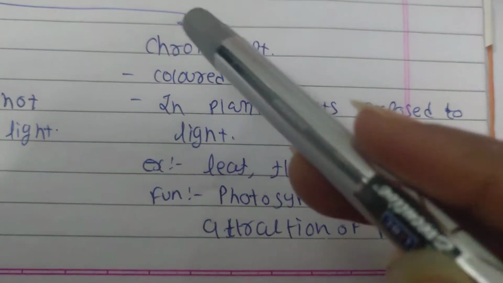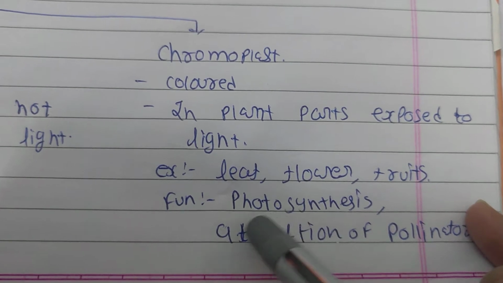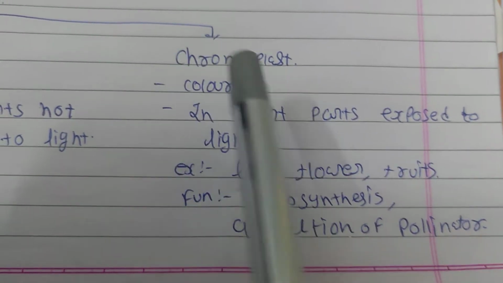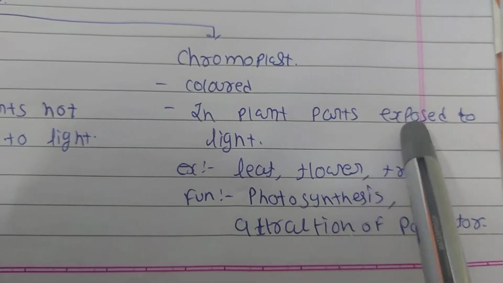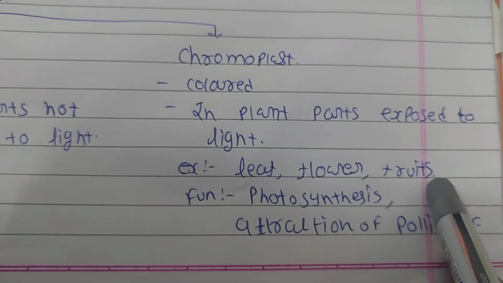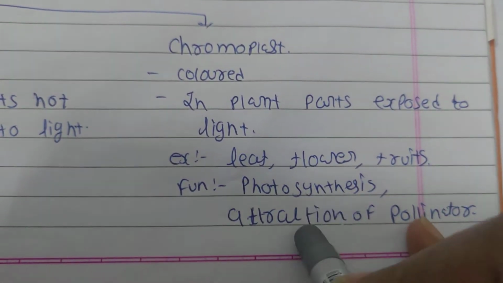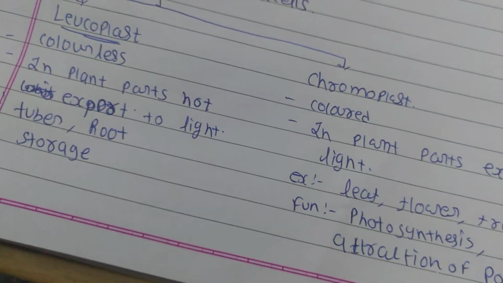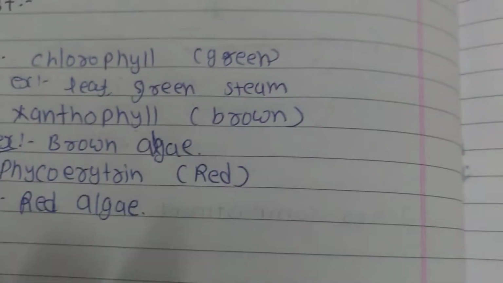So the chromoplast functions in photosynthesis and attracting pollinators. Chromoplasts are colored and present in plant parts exposed to light, like the leaf, flower and fruit. The function is photosynthesis and attraction of pollinators. We will discuss the leucoplast and chromoplast further in detail.